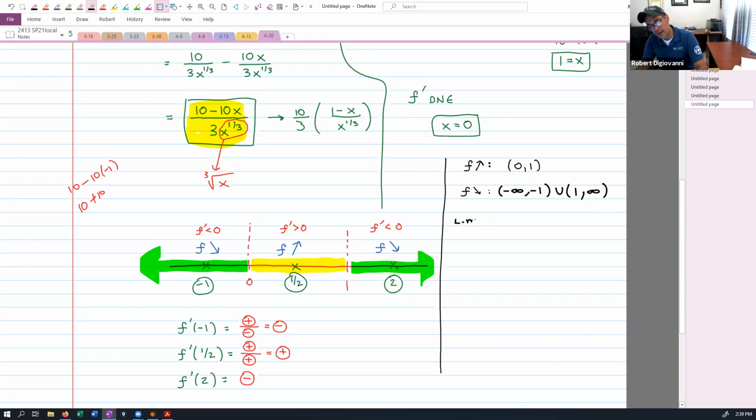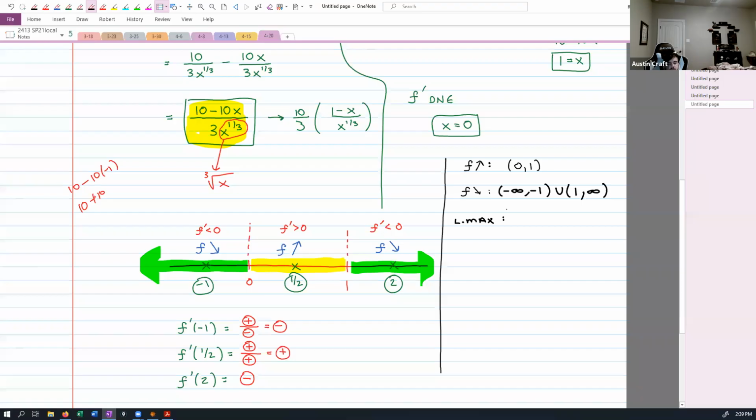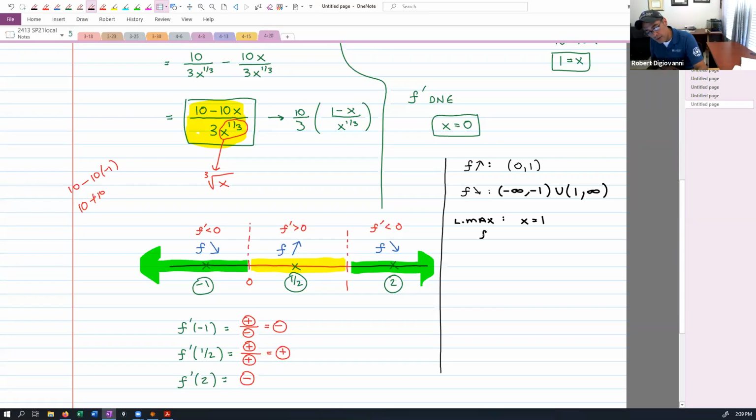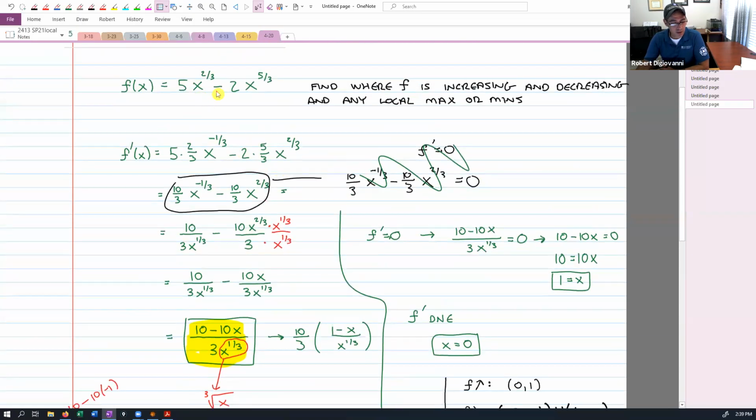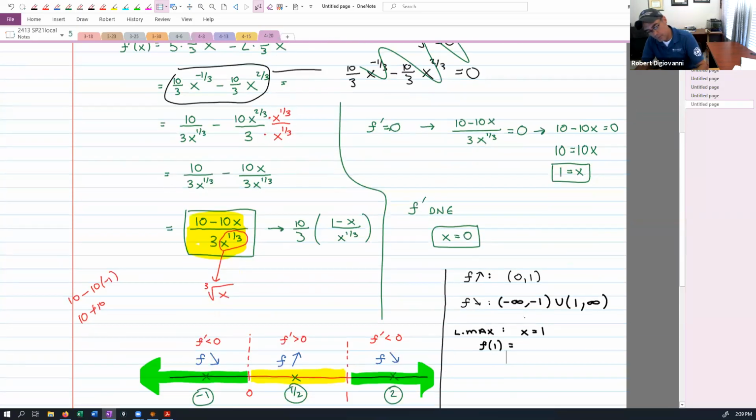How about local max? Do we have a local max? What are we looking for? What goes up and then down? Does it ever go up and then down? Yeah, at x equals 1. Now, if we wanted to know the actual value of the local max, we would plug 1 into the original function, and you would get 3.